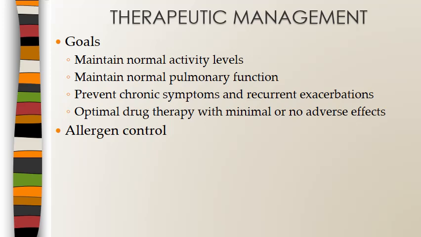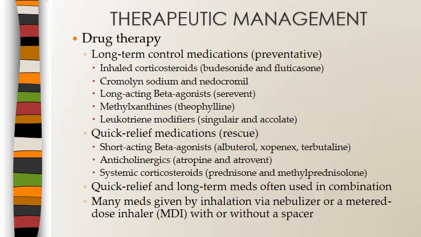If the child has some sort of allergy, especially to pets, then what we have to do is eliminate the pets from the household, or really clean and vacuum frequently so that they don't have trouble from the hair. So allergen control is also very important with therapeutic management.